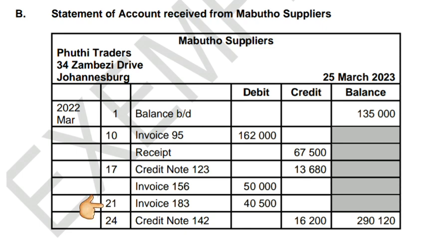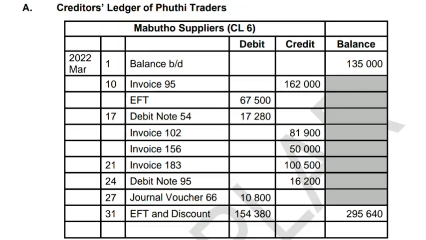Invoice 183 from their statement in information B says 40,500, and they're telling us this is the error. So it's not supposed to be 40,500. What is it supposed to be? We are going to find out from our creditors ledger in information A.